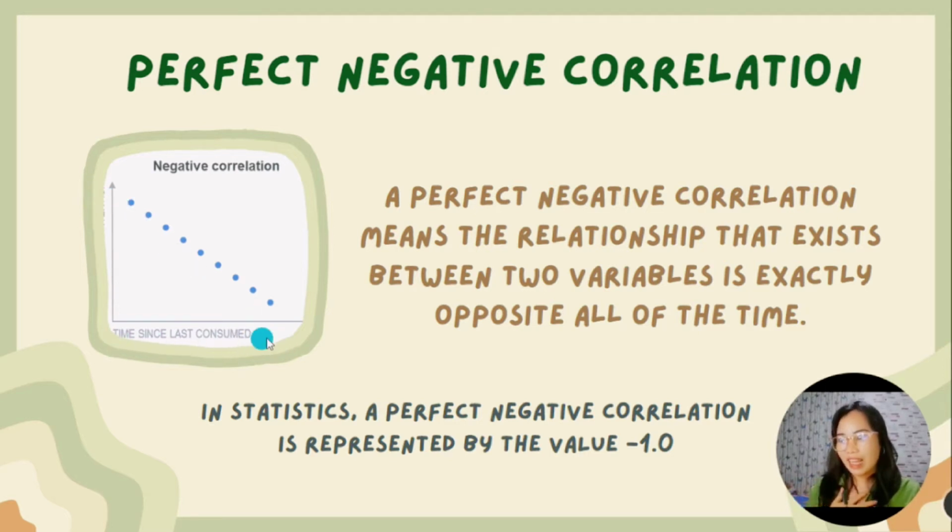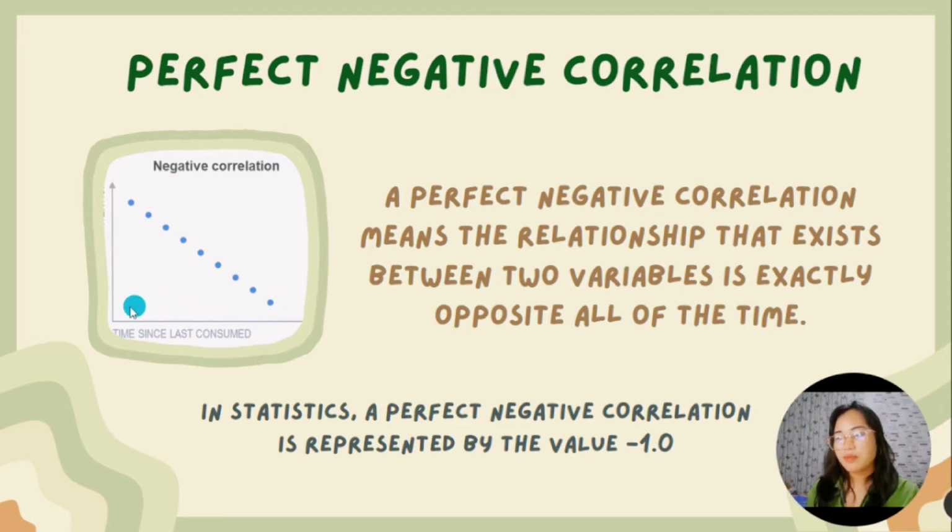In this axis we have the demand for the product, and in this y-axis we have the prices of the product. This is a perfect negative correlation. So for example, this is the value of positive 5, and this is the value of positive 10.